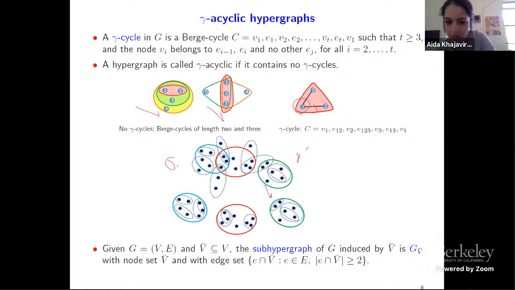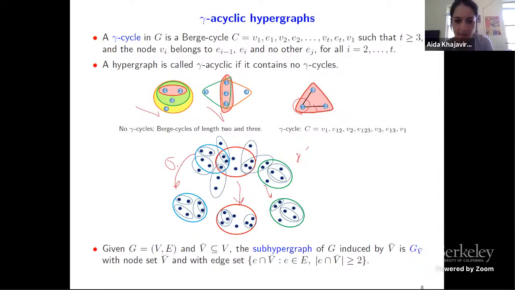So you see, this is the sub-hypergraph induced by V prime here. So you see, for example, here I have a new edge added, right? So a sub-hypergraph can have edges that are not present in the original hypergraph. So I also have now the sub-hypergraph corresponding to the red edge, and to the blue edge.